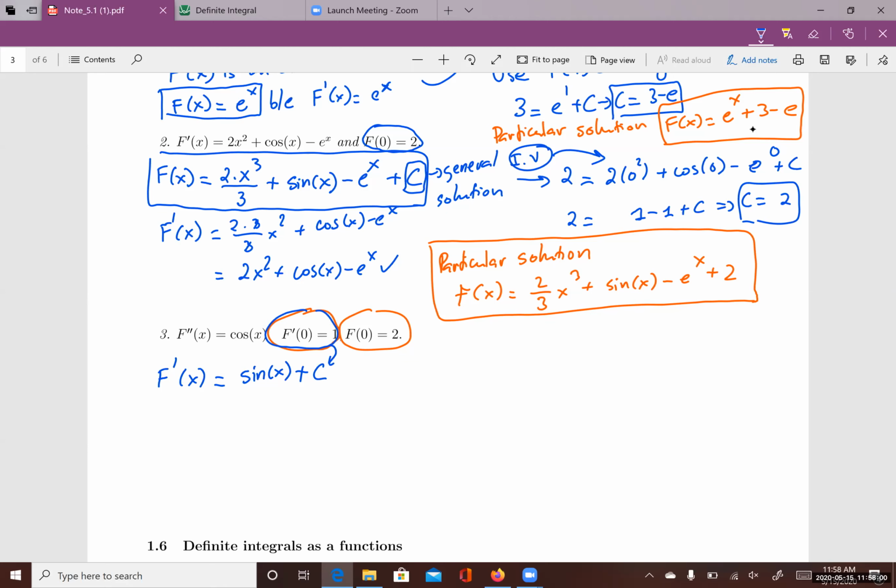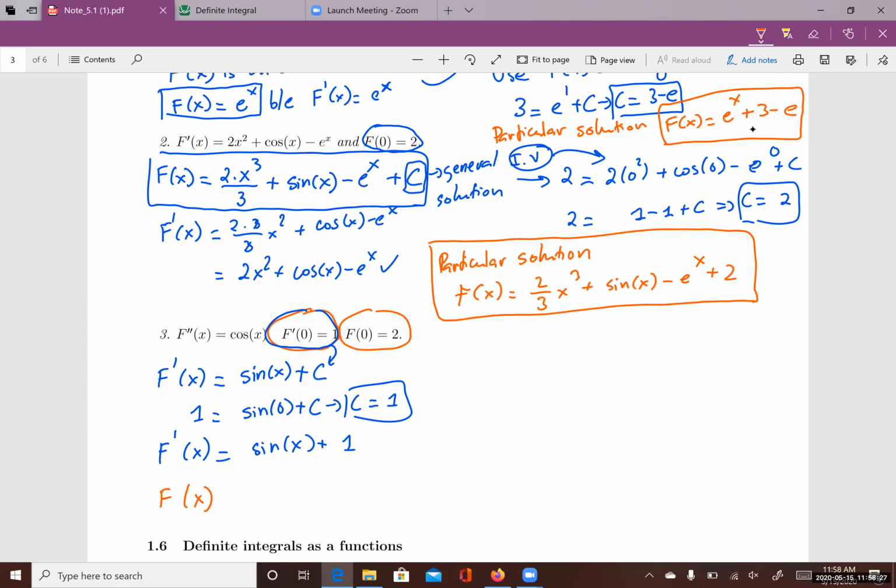And now you use the first initial value to find c. By plugging it in, you have 0. So 1 equals sine 0 plus c. So then c equals, this is 0, c equals 1. So the first derivative is sine of x plus 1. Okay. Now the goal is to find the original function f of x.